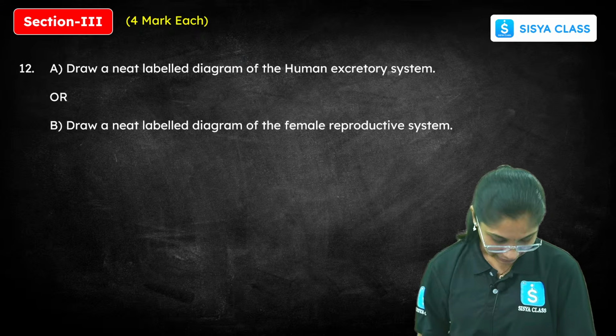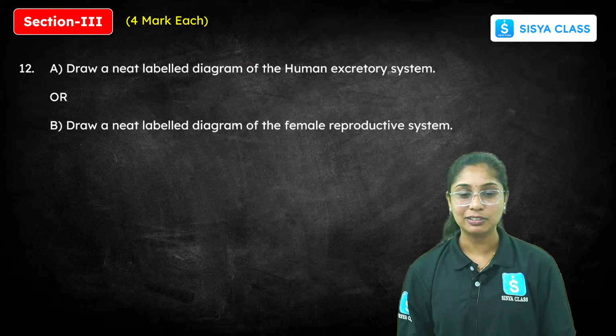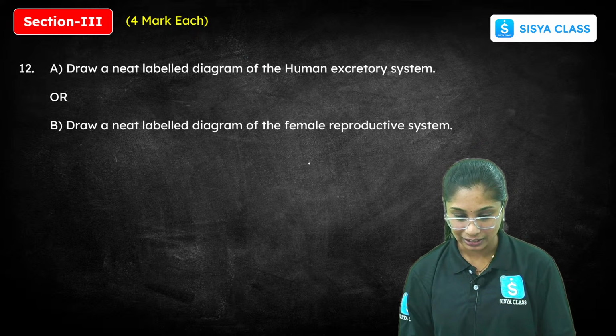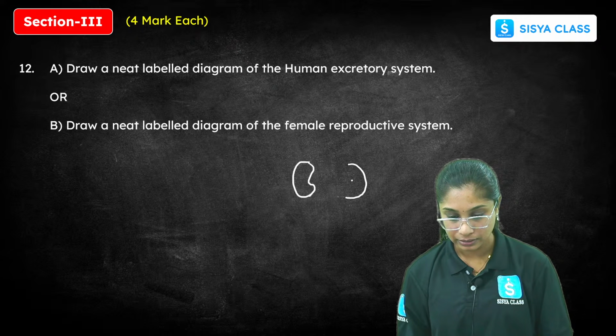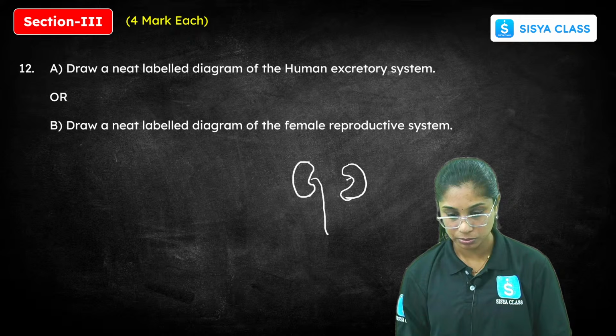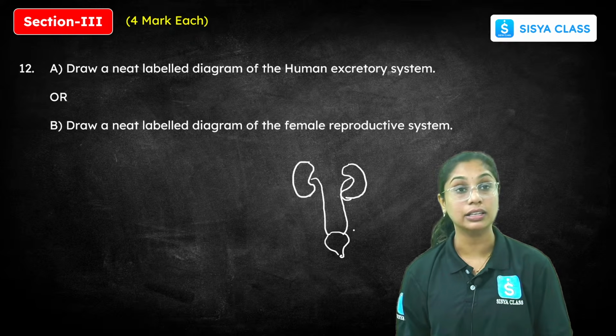Okay, so I'm just drawing something roughly. Here we have kidneys, right? A pair of kidneys. Here are the tubes that carry urine from the kidney, and it is drained into the urinary bladder.